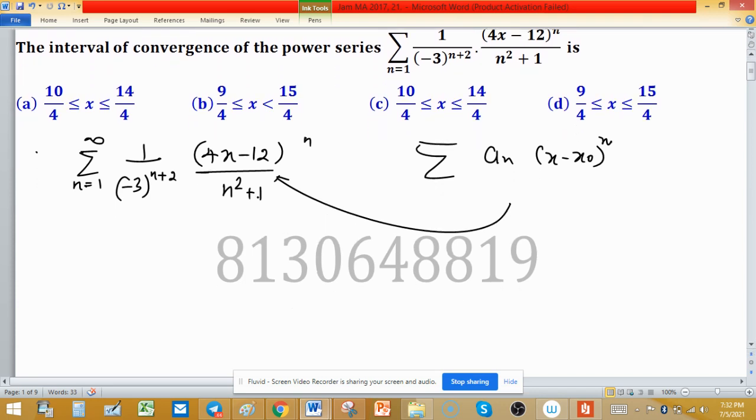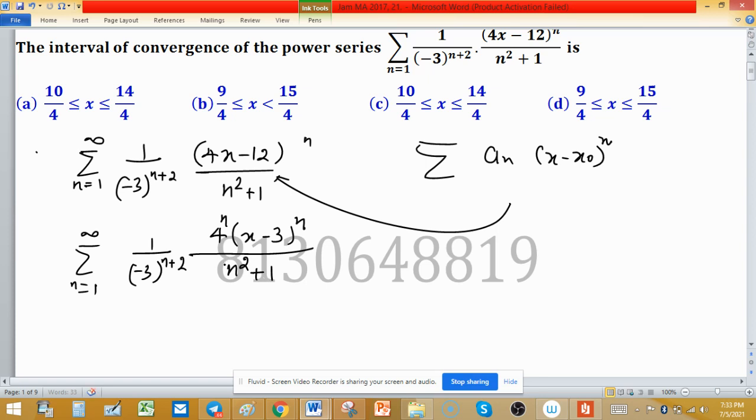Otherwise we will move with another technique to solve this problem. We can do this by taking 4 as a common factor. So sum n equal to 1 to infinity, 1 upon (minus 3) raised to the power n plus 2, and 4 I took as common, (x minus 3) raised to the power n, and 4 raised to the power n will be here, divided by n square plus 1.